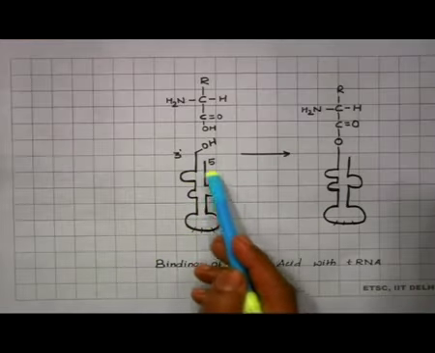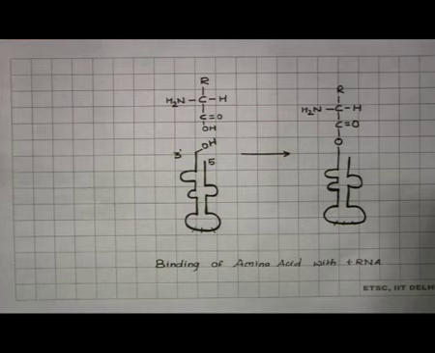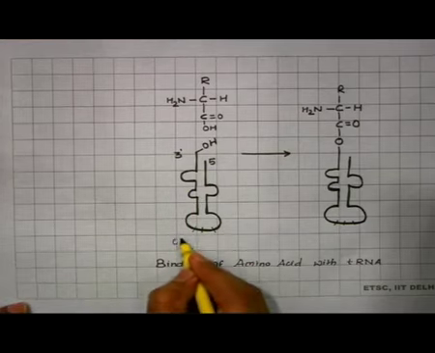Here we need to learn how the amino acid will be added to the uncharged transfer RNA. This we have already learned in the charging of transfer RNA, but with the help of which bond the amino acid will combine with the transfer RNA is a very important concept which we should know. So, you can see in this diagram, this one is an uncharged transfer RNA.